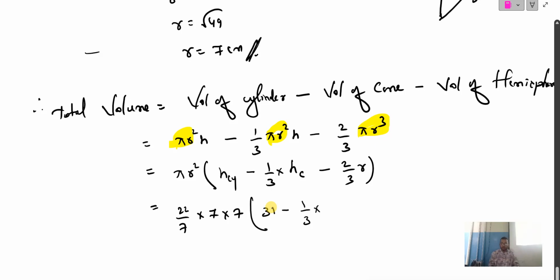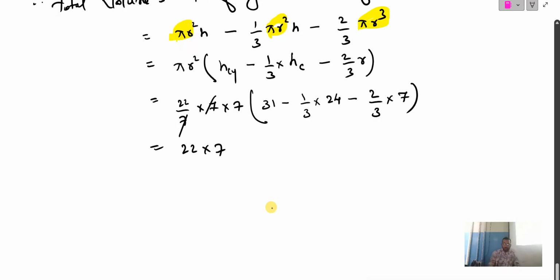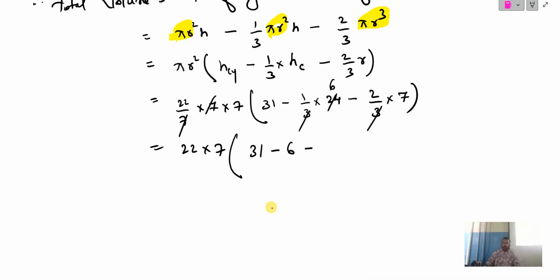So 2 into 2.3 gives 4.6, and 2 into 4 is 8. 31 minus 8 minus 4.6. Now we can multiply: 7 twos are 14, plus 1, 154. Multiplied with 31 minus 8 minus 4.6. First you calculate all the minus and then you calculate plus.